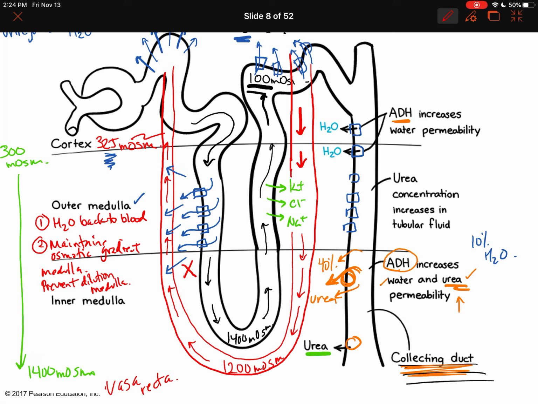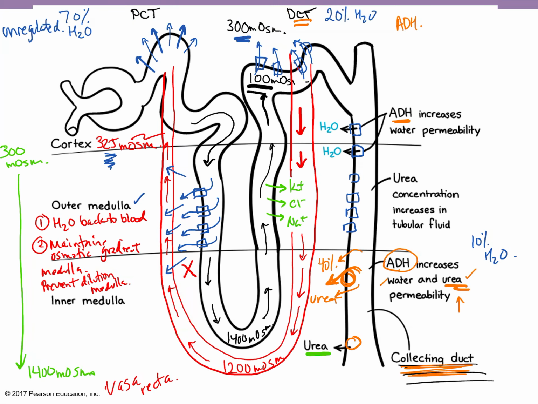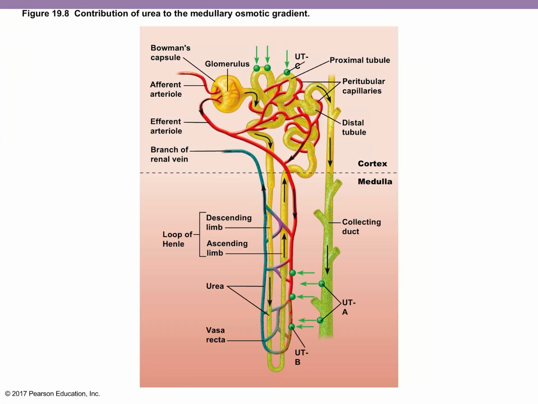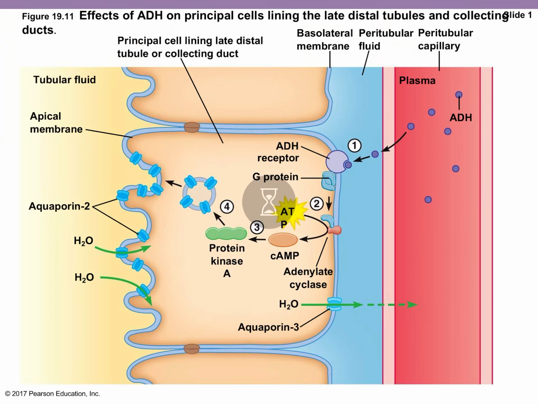And the recap here was just, we talked about number one, how the different percentages, and we have our sort of unregulated water absorption and then our regulated water absorption with our ADH needing to be present. Now let's talk about how we can find, so we can ignore this picture, I just drew it. Now we can find how our ADH works.